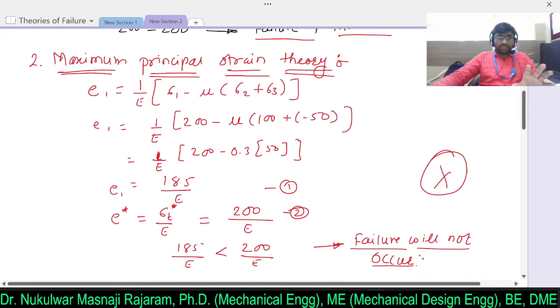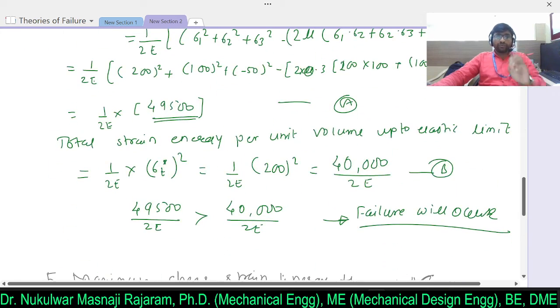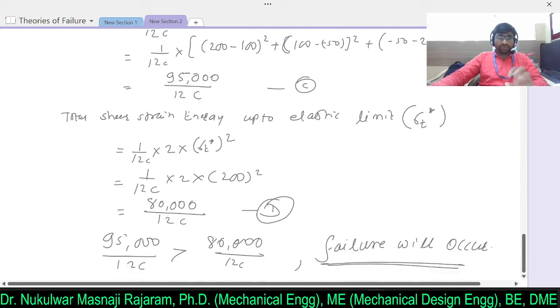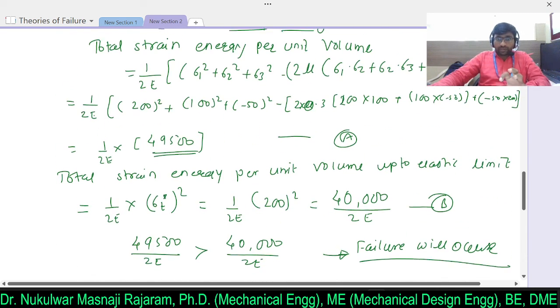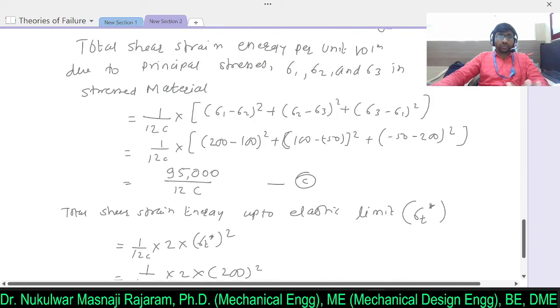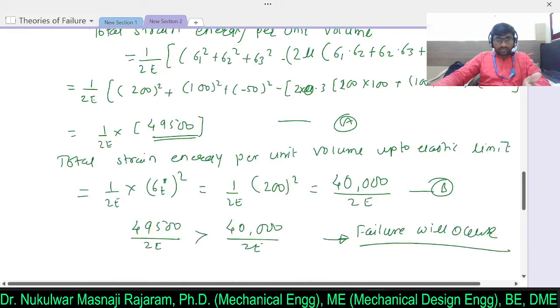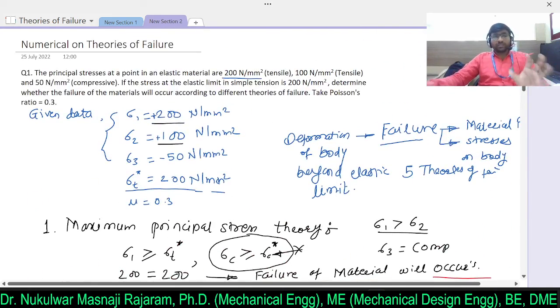However, from this theory we concluded that failure will not occur. Clear? The remaining four theories say that failure will occur. Definitely, if any one of the theories says failure will occur, then failure will occur. So for different conditions, different materials, different loading conditions, we may consider different theories of failure.